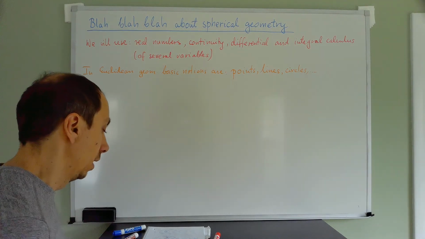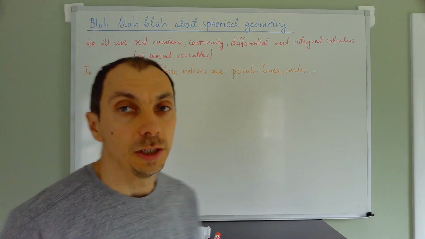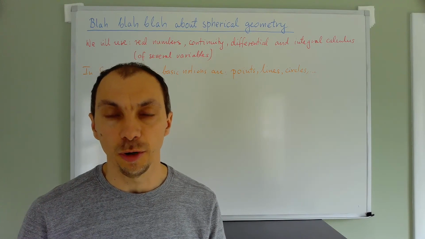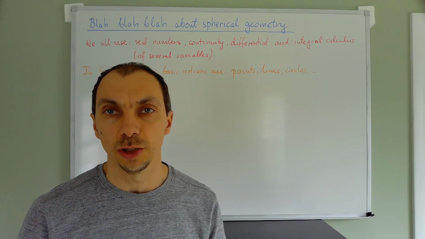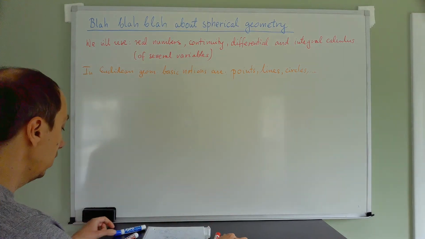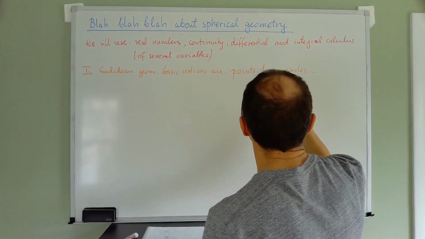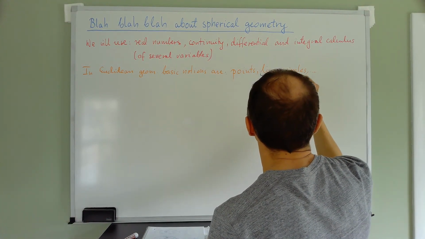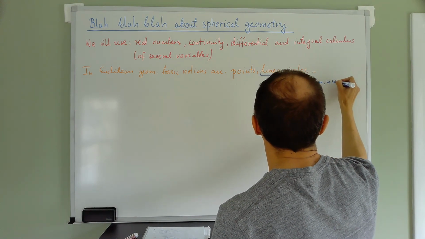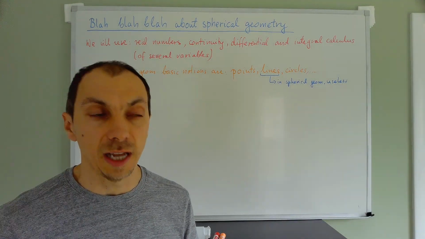In spherical geometry, we of course will have a use for points. They are just the most basic geometric object there is. However, in spherical geometry, lines as such will be useless, and let me explain in a moment why that is.